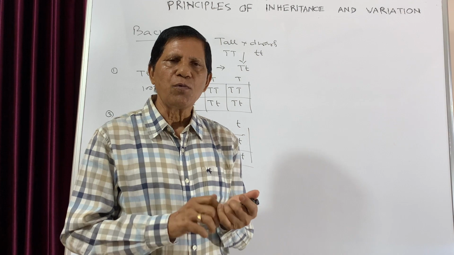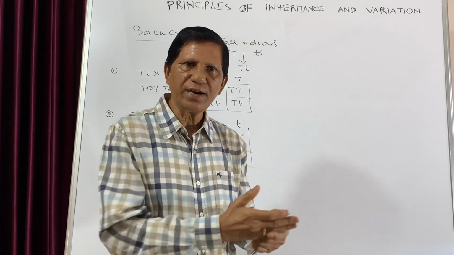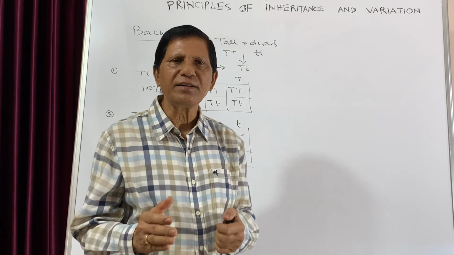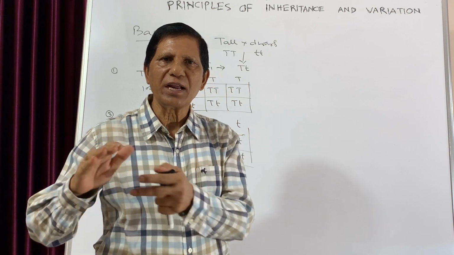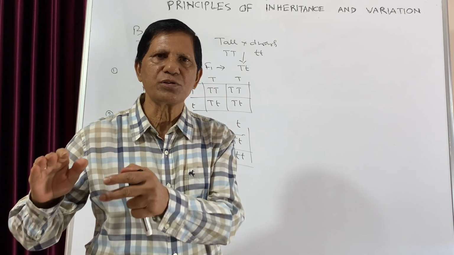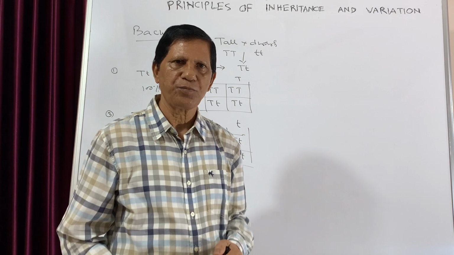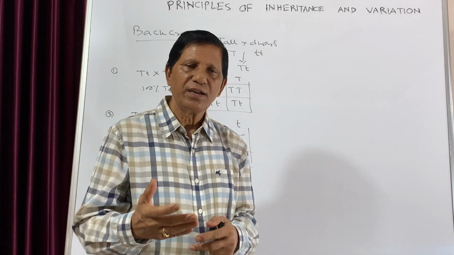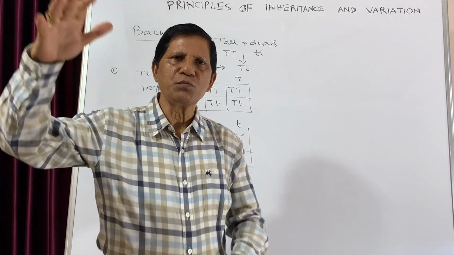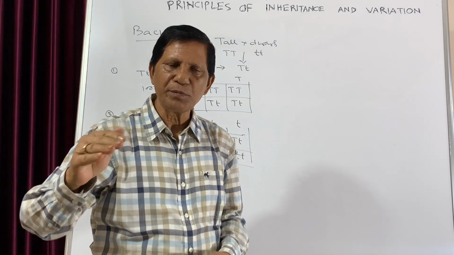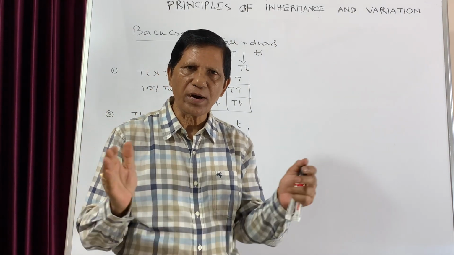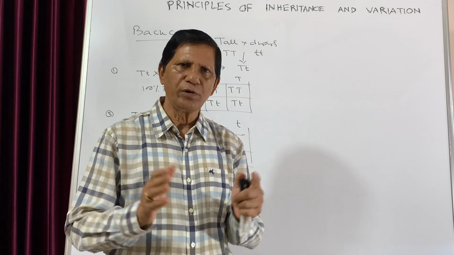Suppose one plant has a high protein content, and the size of the fruits or the number of fruits is less. While in another plant, the number of fruits is more, but the protein content is less, and we want to combine these characters. So we will make a cross.